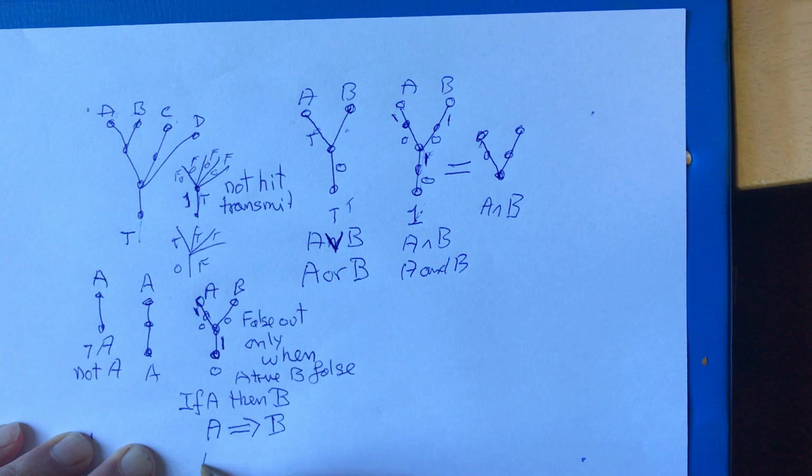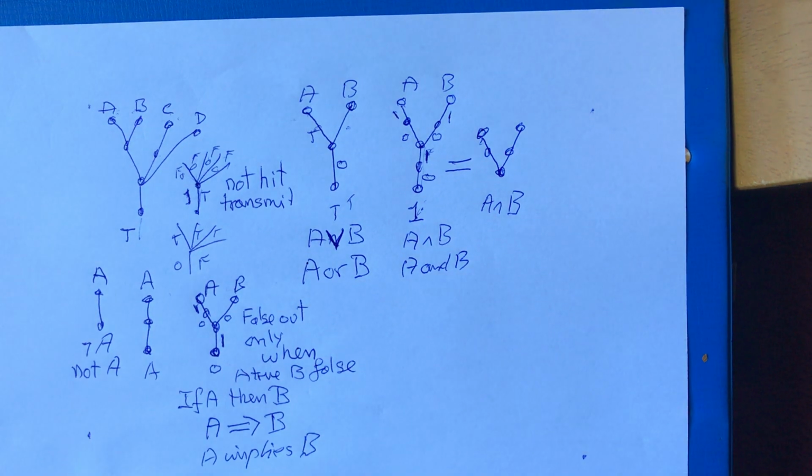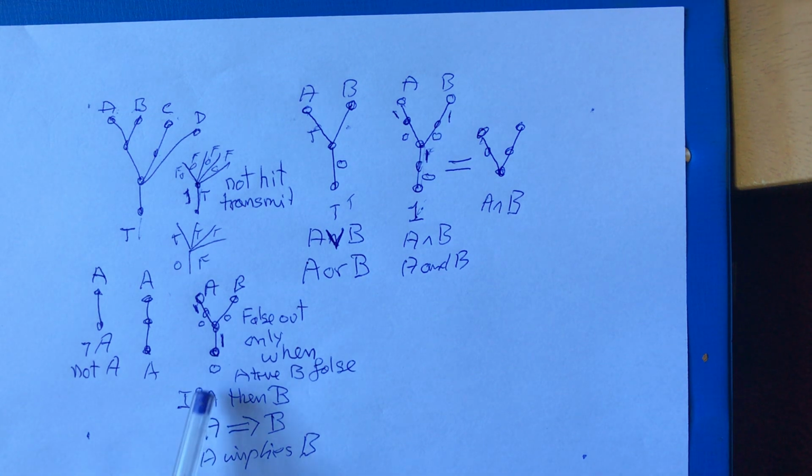And we also say A implies B. So, if A were false, then this would be true. A implies B when A is false. You may not like that, but that's the way it is.